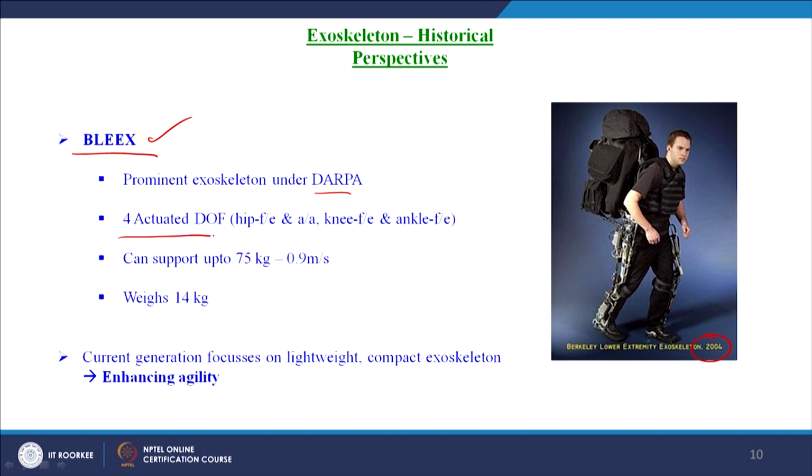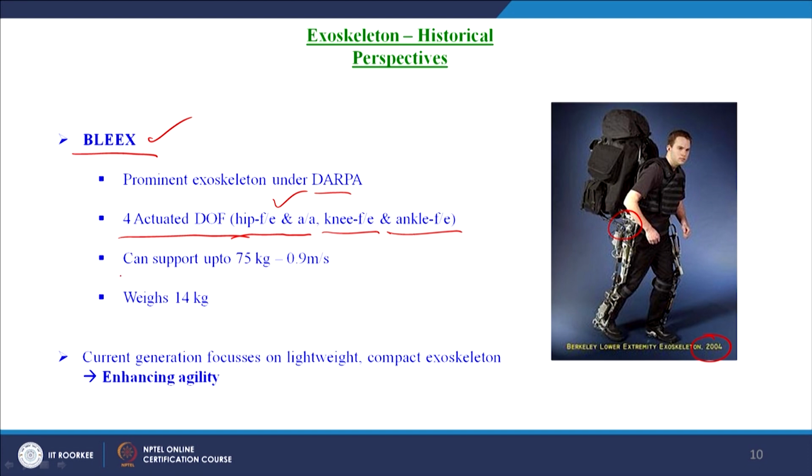It is an exoskeleton with 4 actuated degrees of freedom: 2 degrees of freedom actuated at the hip joint for flexion extension and adduction, 1 degree of freedom for the knee flexion extension, and 1 degree of freedom actuated at the ankle flexion extension.